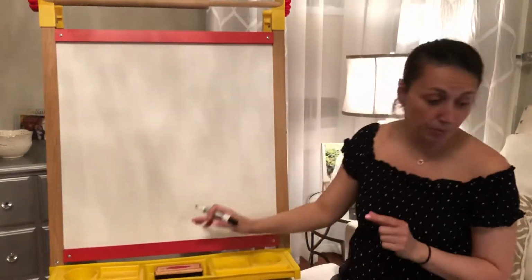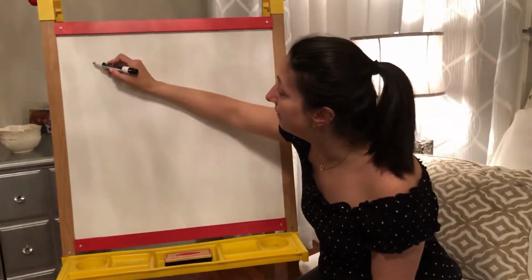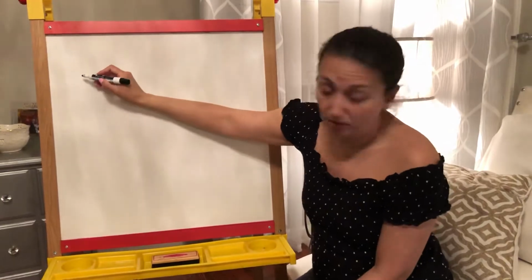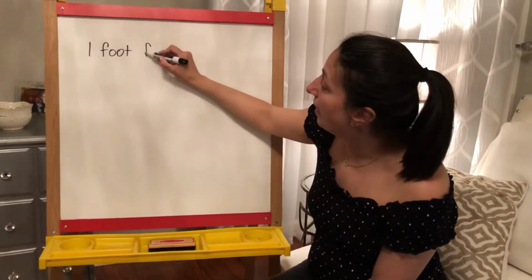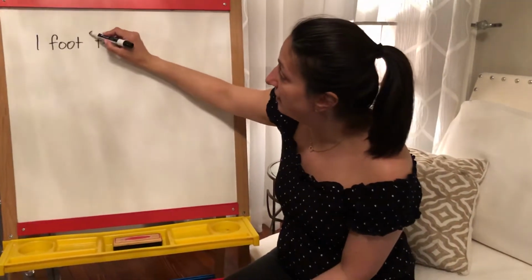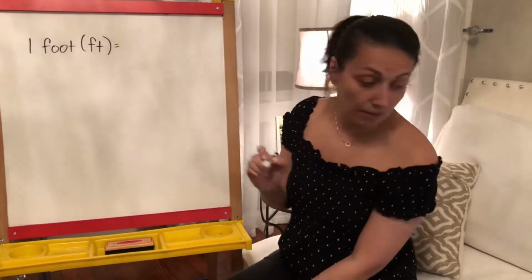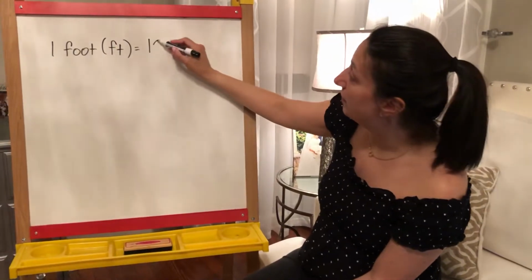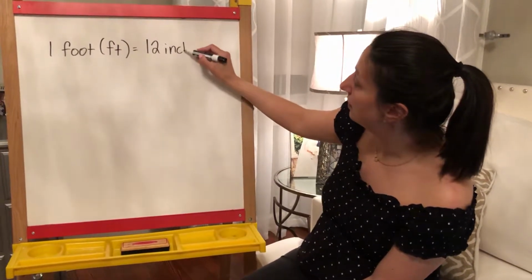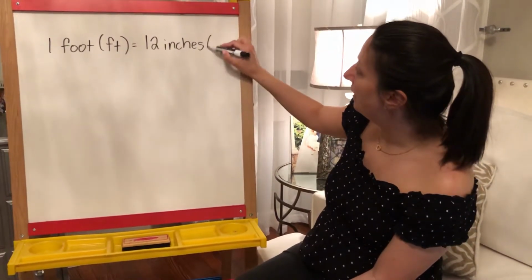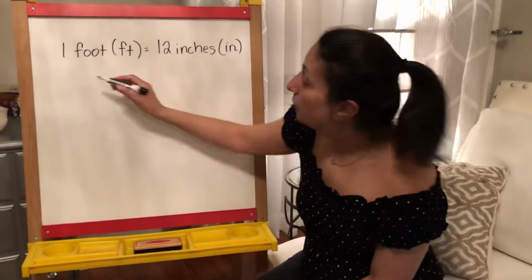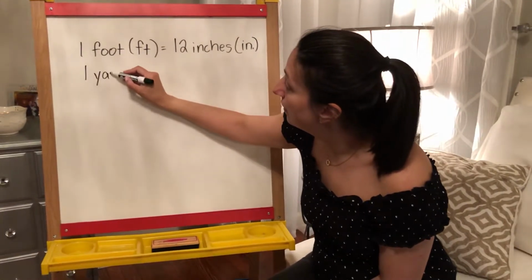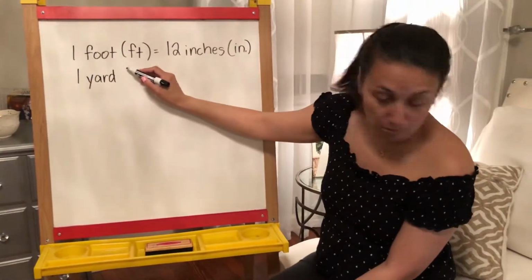Okay, really important to know, customary units of length. We have 1 foot, and we abbreviate feet like this, FT. And 1 foot is equal to 12 inches. And we abbreviate inches, IN. Okay? 1 yard, and that's YD.